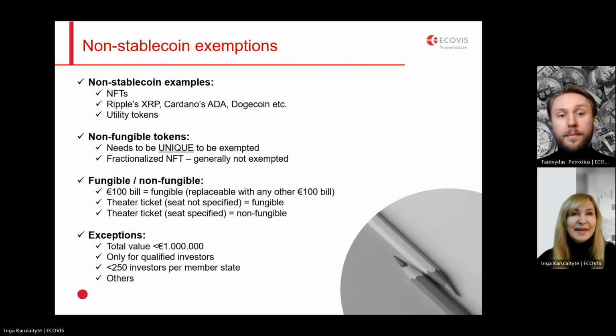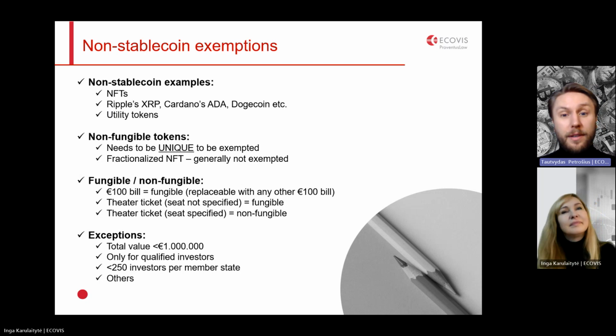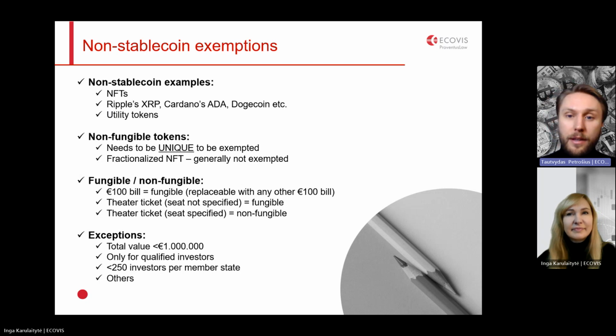Exactly. So what about fractionalized NFTs? Would they pass as unique NFTs? That's an excellent observation. In terms of fractionalized NFTs, even though the regulation's preamble states that fractionalized parts of an NFT shouldn't be considered as unique NFTs, this, at least in my opinion, would need to be detailed by further regulatory standards.